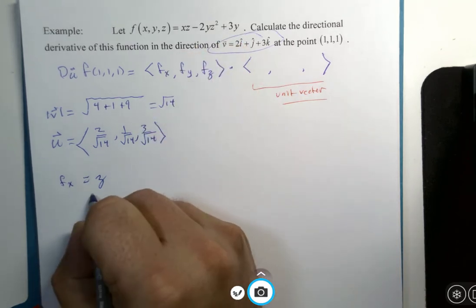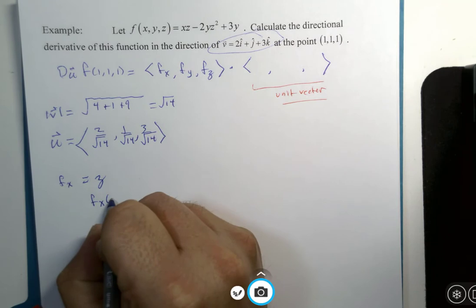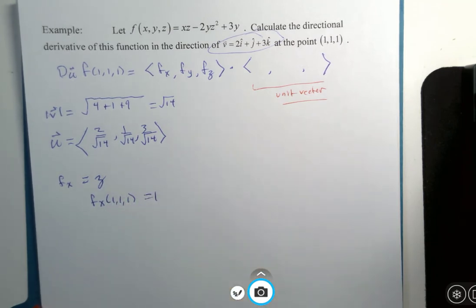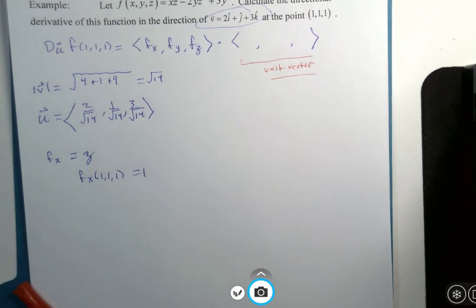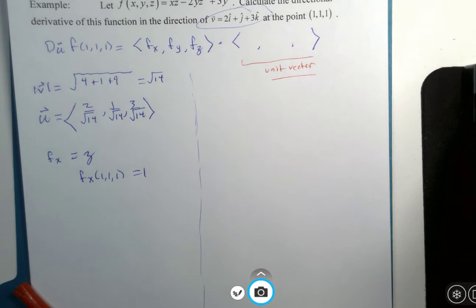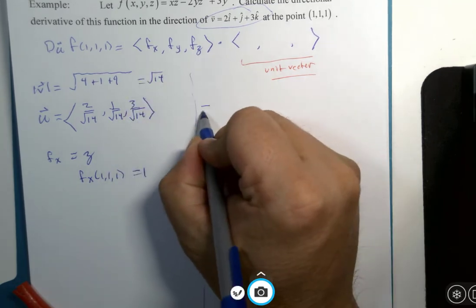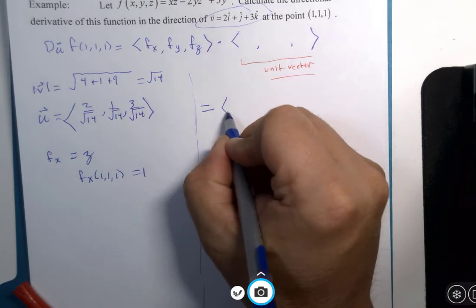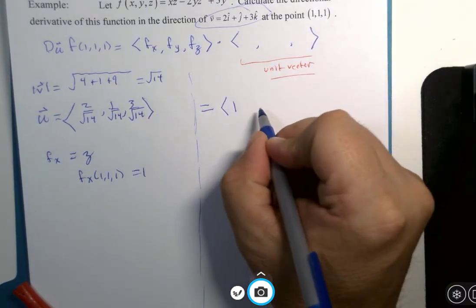If I were to do this calculation at the point 1, 1, 1, I will get 1. Now, you want to see where this is going? Well, the directional derivative has 3 components here, and the first component there is a 1.